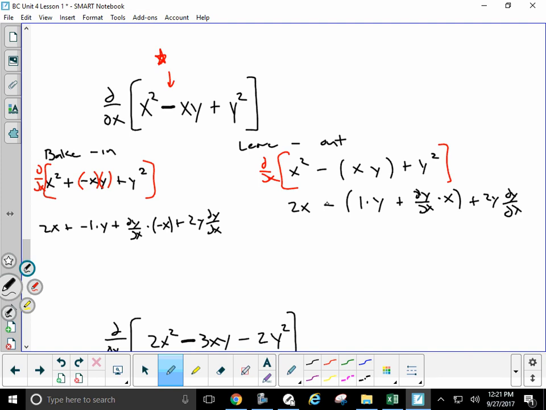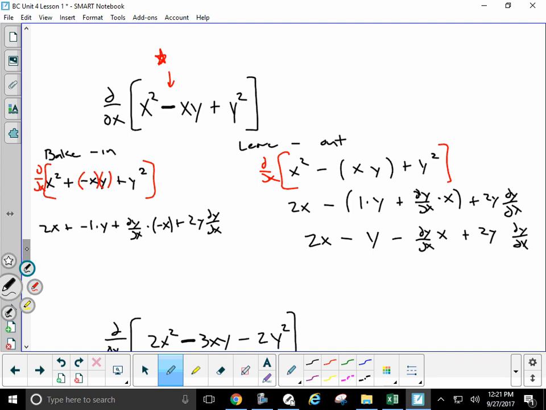And then you can see you would then be able to distribute that negative sign to the y and to the dy dx x. Okay? Key is to just be careful as you're doing it.